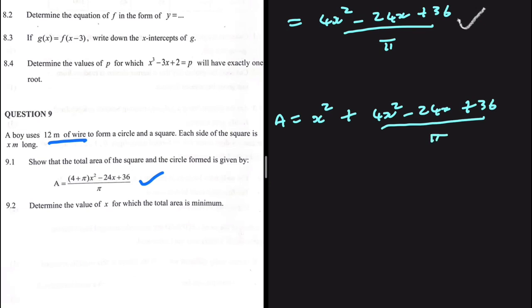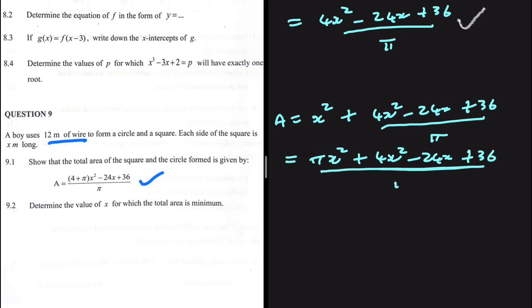So I can rearrange this and get pi x squared plus 4x squared minus 24x plus 36, everything divided by pi.